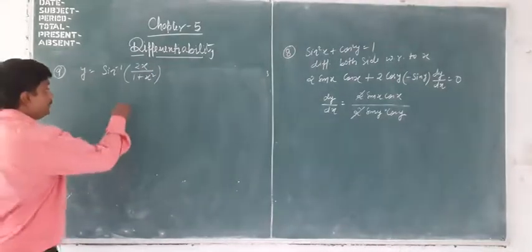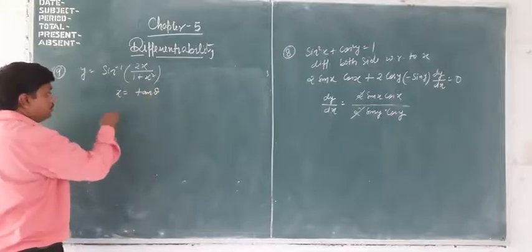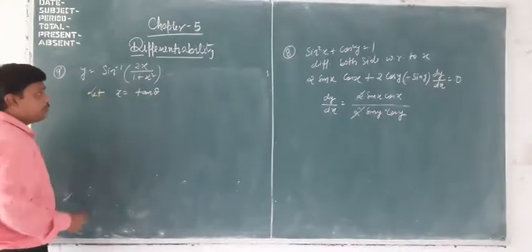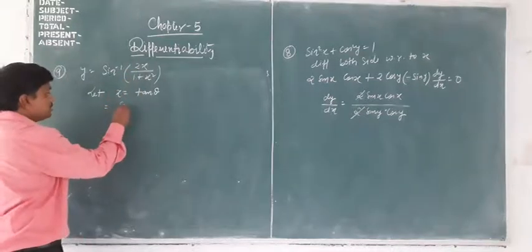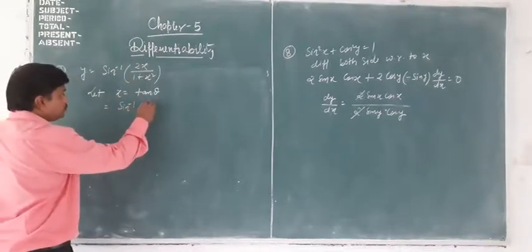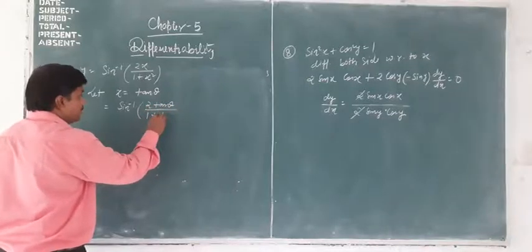So if we put x equal to tan theta, let x equal to tan theta, and we know what this is. This is 2 tan theta divided by 1 plus tan square theta.